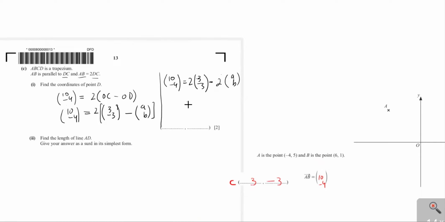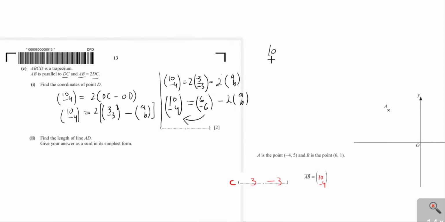And we can write this (6, -6) minus 2(a, b) equal to (10, -4). We will shift this column vector from right to left side.